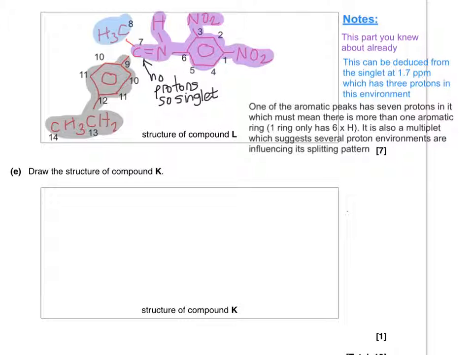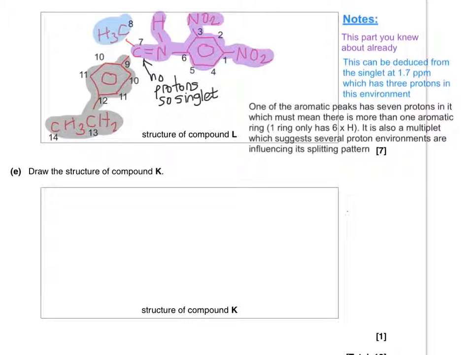So compound K is easy because all you really have to do is look at what happens when the C double bond N is formed when the C double bond O of an aldehyde, which was your compound K, is produced. So what you do is you take the purple bit out, because that's what's actually added on.